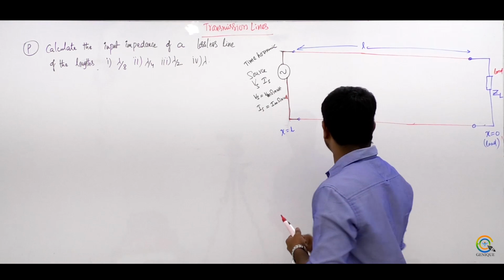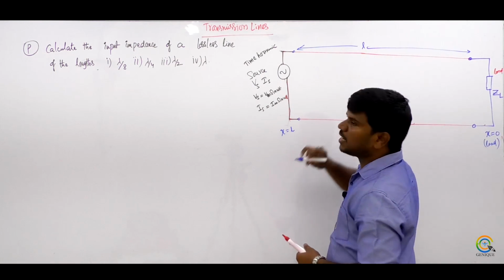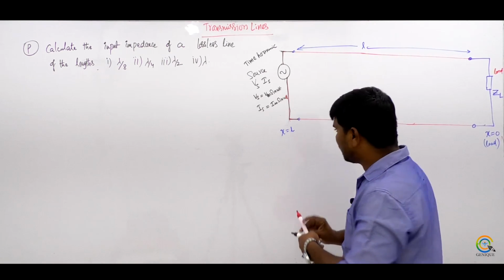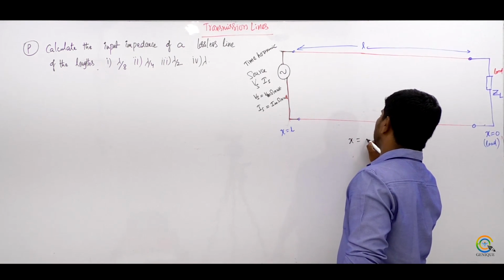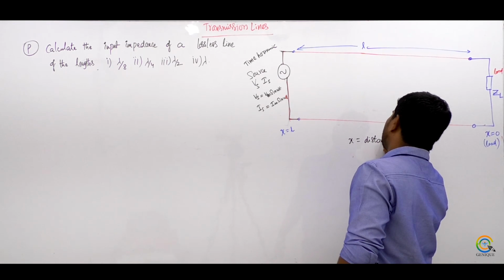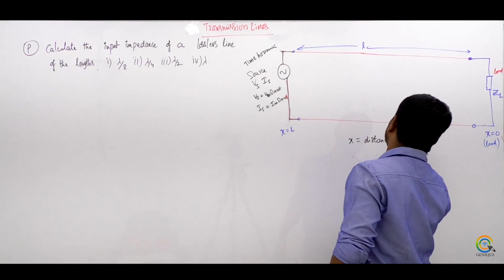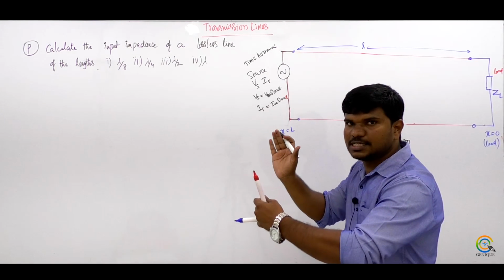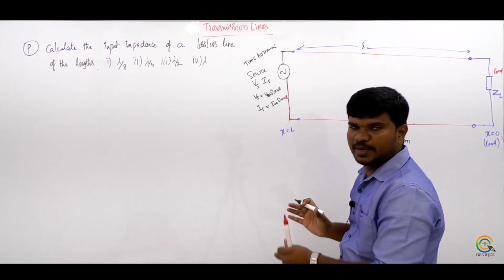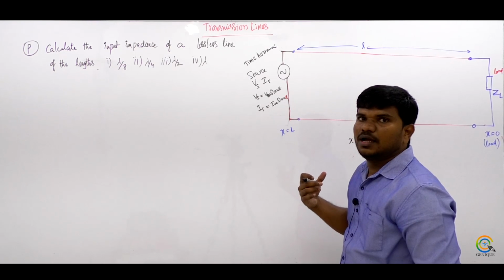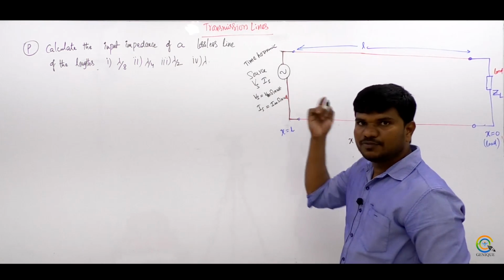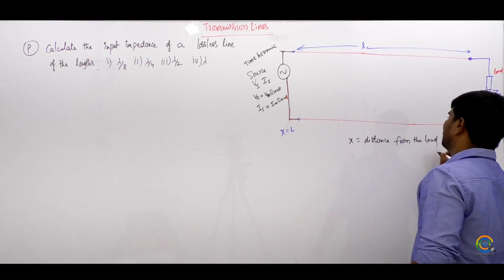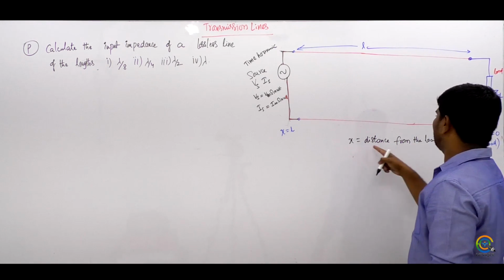Here x is a distance parameter. X is equal to the distance from the load, that is V of x, I of x. The V of x is V at any x, meaning V at any distance from the load.